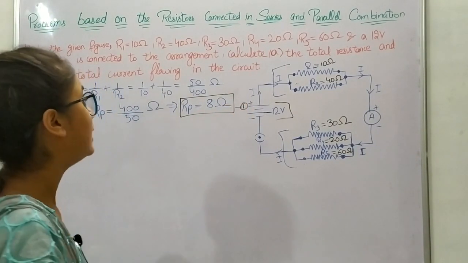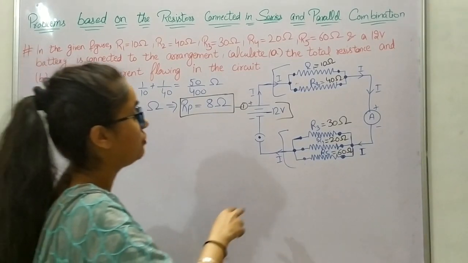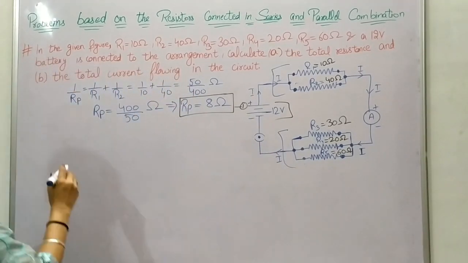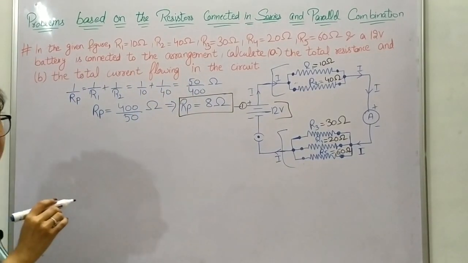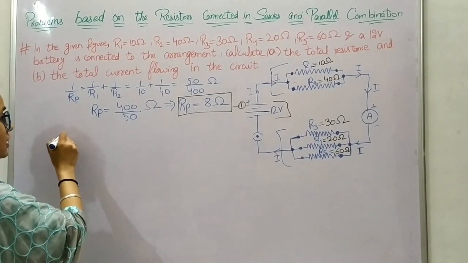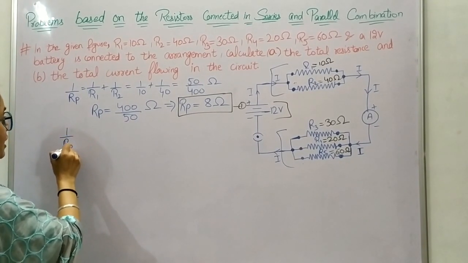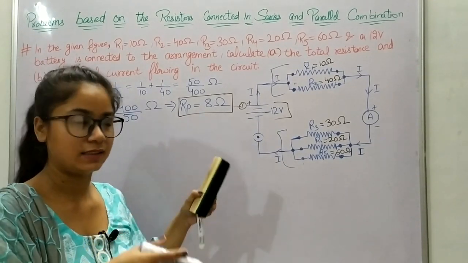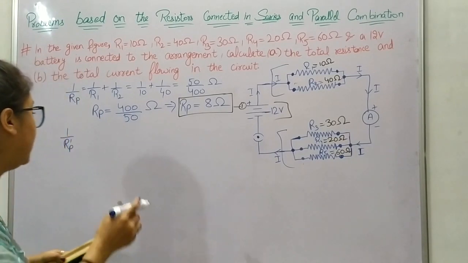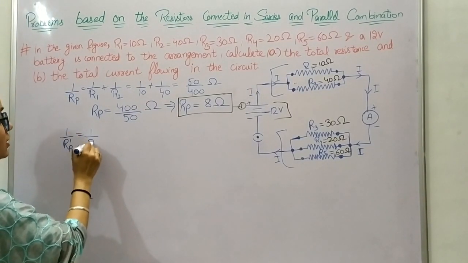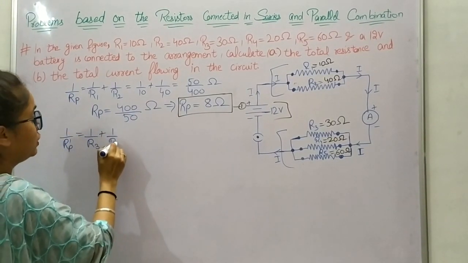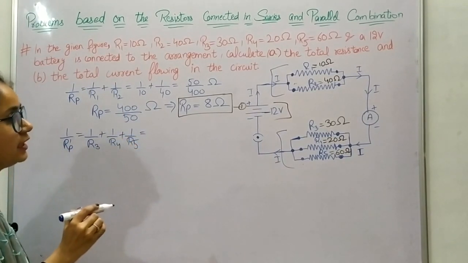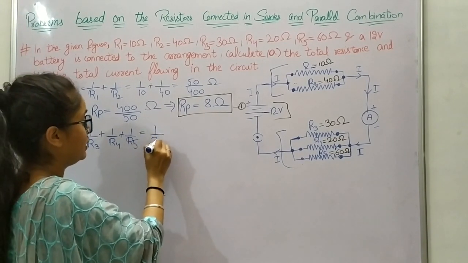Now we have to find out this part. For this part, we're going to use the formula of parallel combination again, but we would change the notation a little bit so that we would be able to differentiate between these two. So it would be 1 over Rp dash equals 1 over R3 plus 1 over R4 plus 1 over R5. R3 is 30 ohm, so it would be 1 over 30.